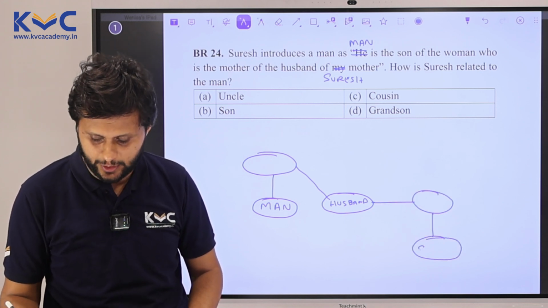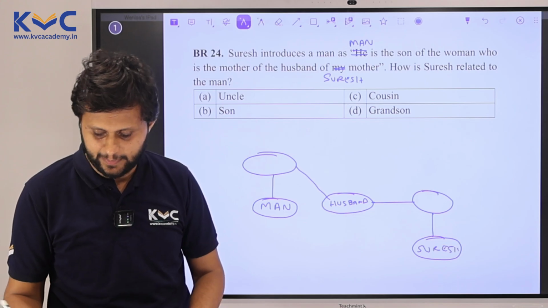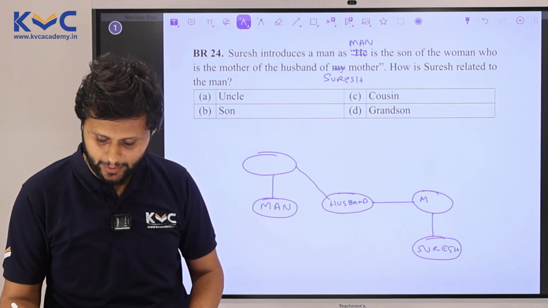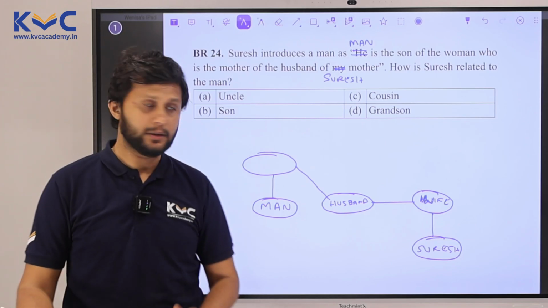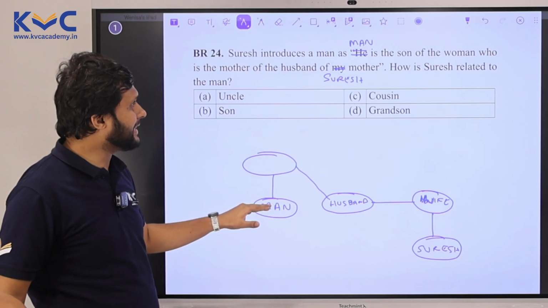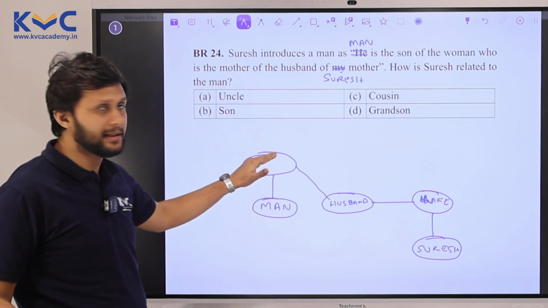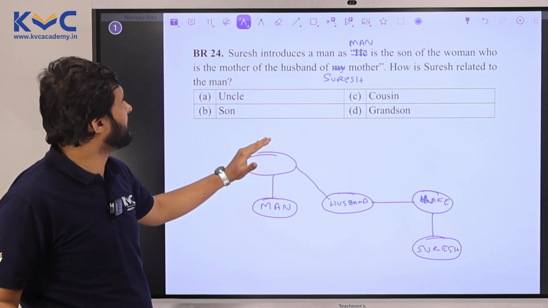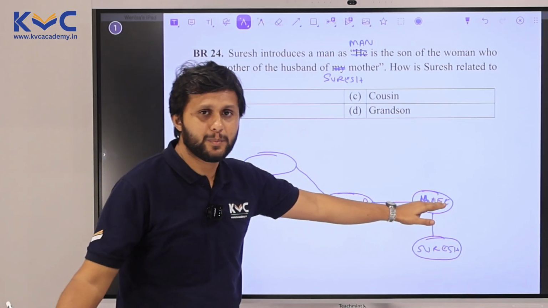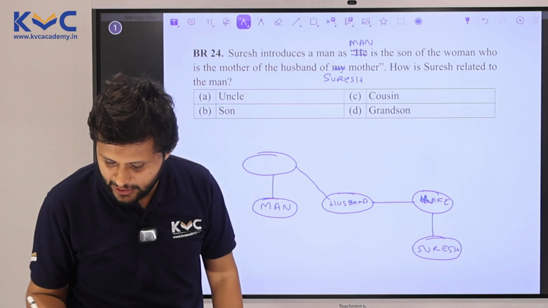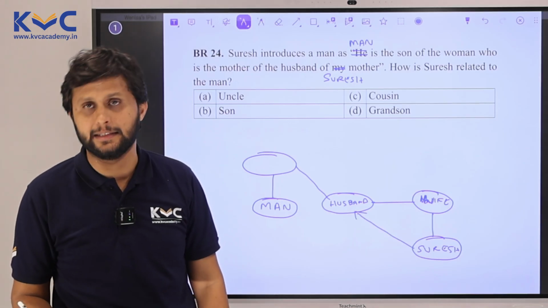My means who? Suresh. Now see if this makes sense. This is wife. Now if you see properly, man's mother is also the mother of the husband of my mother. That means Suresh is also that person's son.